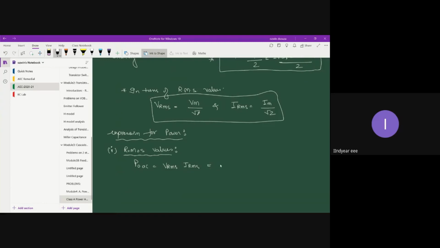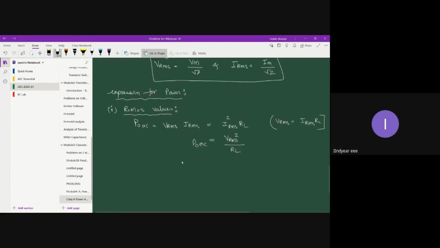Or you can also write it as I squared RMS into RL. That's because voltage is equal to current into resistance, where RL is the load resistance. Or you can also write the expression for power in terms of voltage, that is Vrms square divided by R. This is P naught AC. All right, so this is in terms of the RMS values.